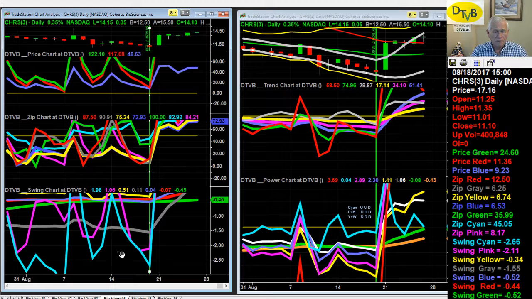I mean, obviously, when swing pink is up and swing Zion is down, swing Zion is a price barometer, swing pink is a leading indicator telling us that the price is going to go up. And that's just amazing when you see a red candle on the vertical green line day. But it's telling us that the price is going to go up the next day, and swing Zion, which is a price barometer, along with zip pink and the 3 price lines, green, red, and blue, those 5 make up the price barometers.